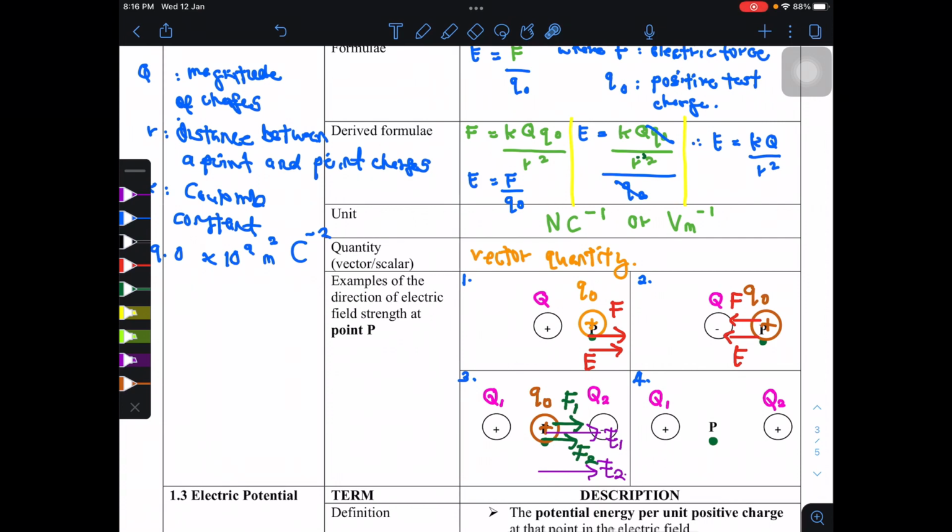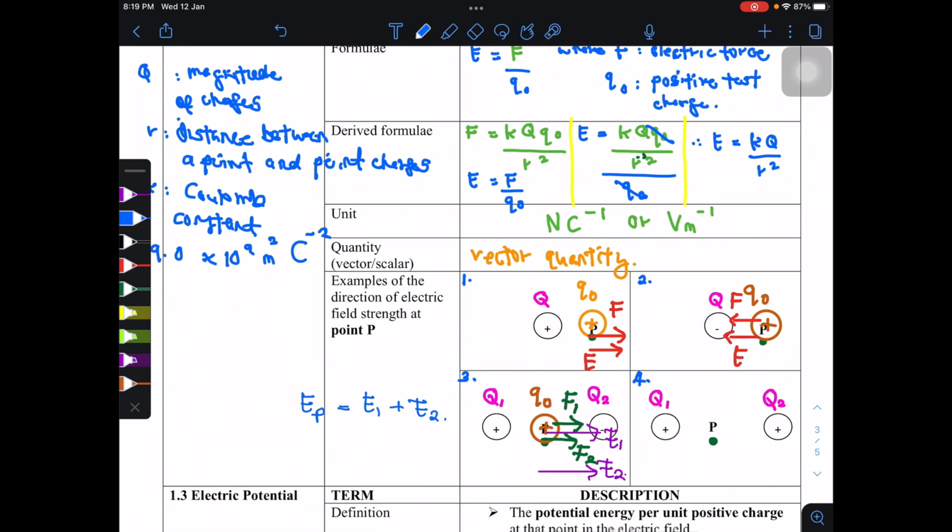Next, you are going to find the resultant or total electric field strength at point P, using the equation: the electric field strength at point P equals E1 plus E2. This is the example of number 3.